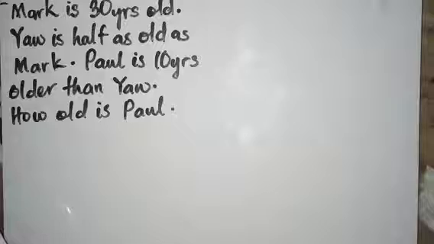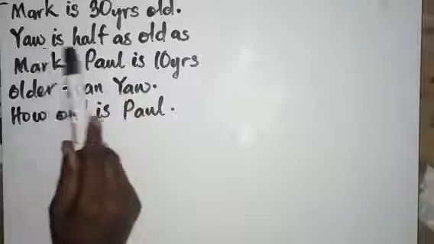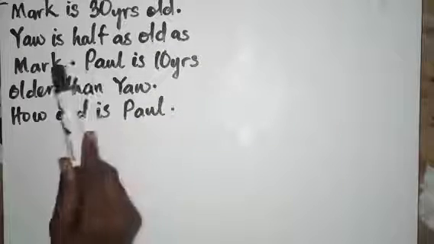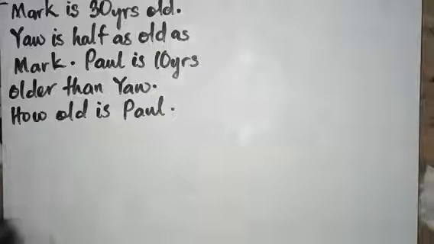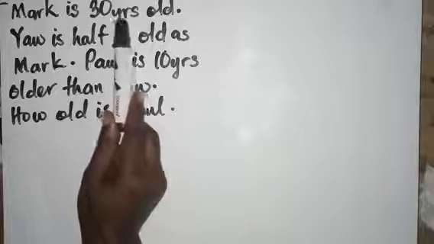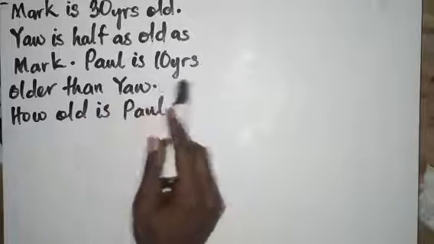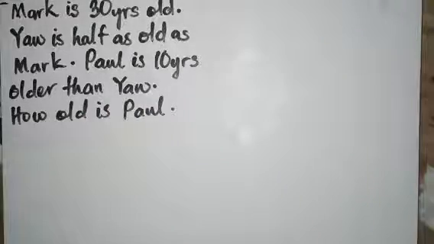What do you make of this? Now Mark is 30 years old. Yao is half as old as Mark. So it means that if Mark is 30 years old, then half of Mark's age is Yao's age. And Paul is 10 years older than Yao.